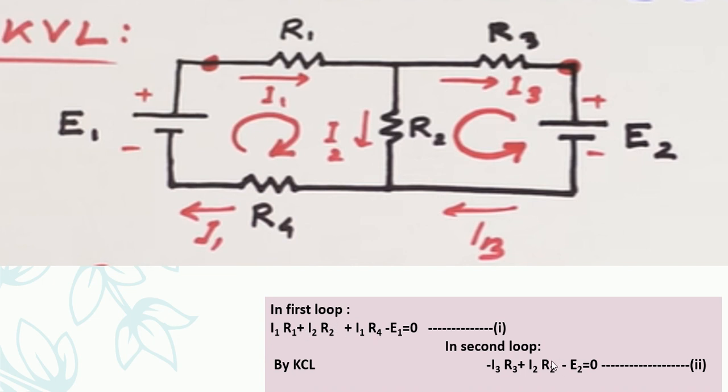From these two equations alone, you can't find the values. So you have to apply KCL at the node. Look, at this junction, I1 equals I2 plus I3.